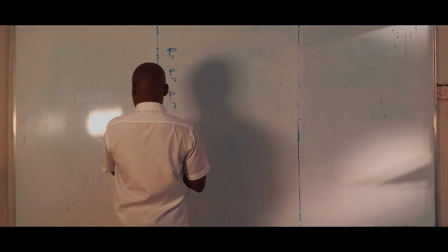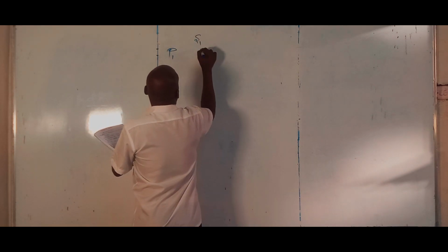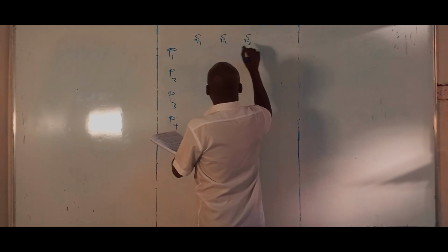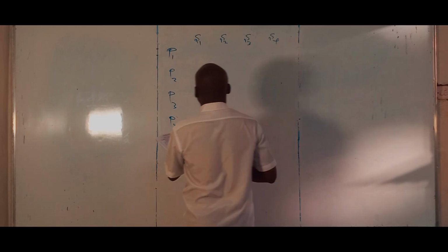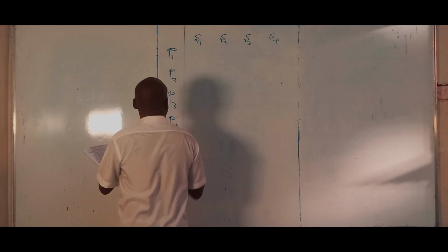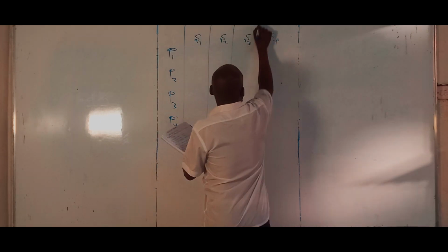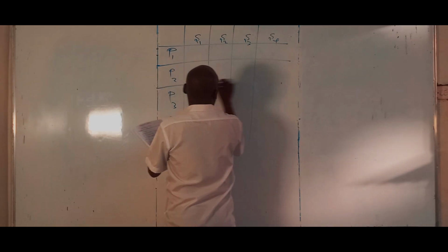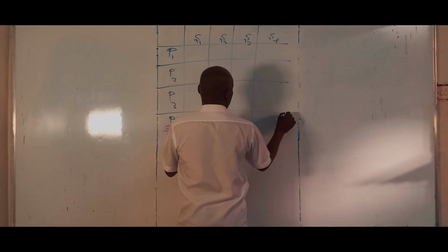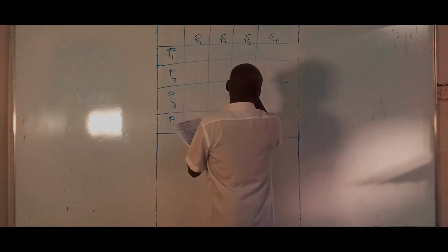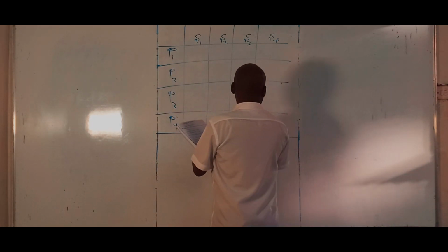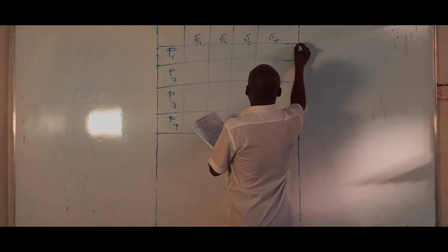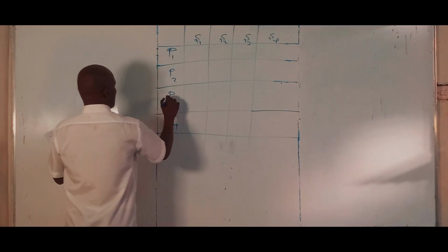Then we have the states of nature, state 1, state 2, state 3, state 4. As much as my lines are not straight, I didn't use a ruler, but we can see what we have.